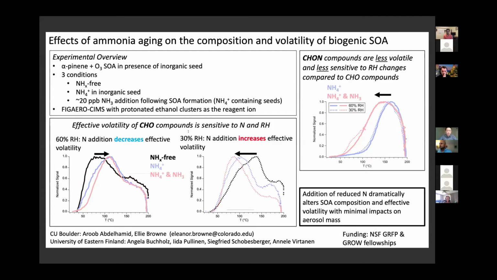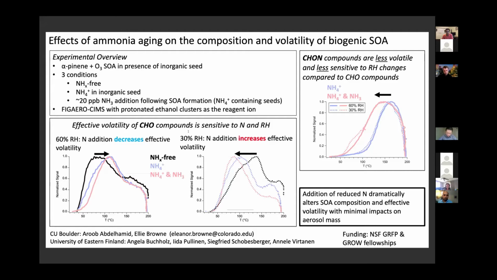And what we see is really large changes in the effective volatility of CHO compounds in these different regimes. So on the bottom left there, you see 60% RH, and then to the right of that, 30% RH. And we see kind of different effects at these different RHs. The CHON compounds, in contrast, are much less sensitive.